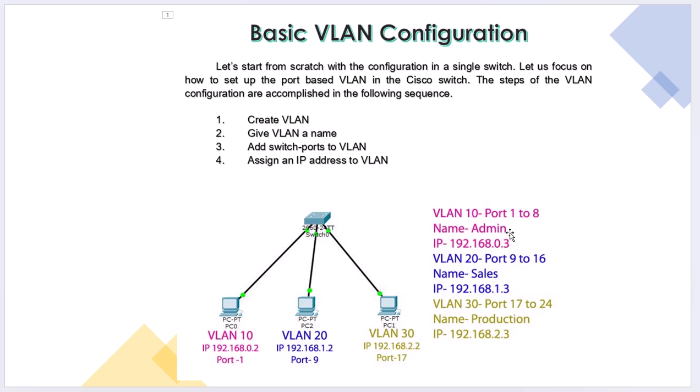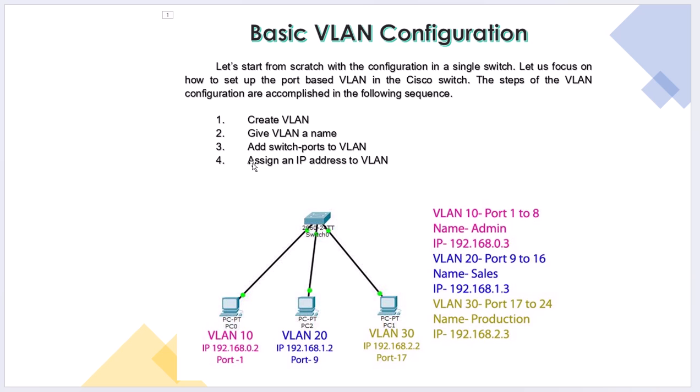An L3 VLAN has an IP address. If anyone asks what the difference between L2 and L3 VLAN is: an L3 VLAN has an IP address and does routing, and an L2 VLAN doesn't have any IP address and doesn't support routing.